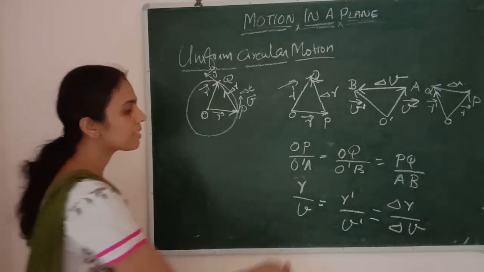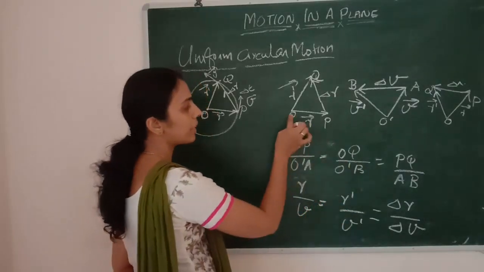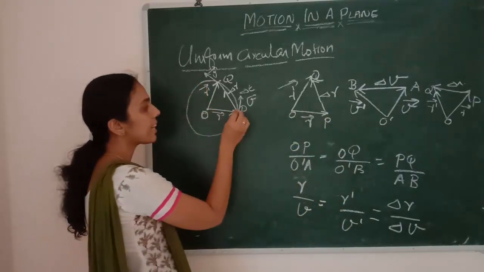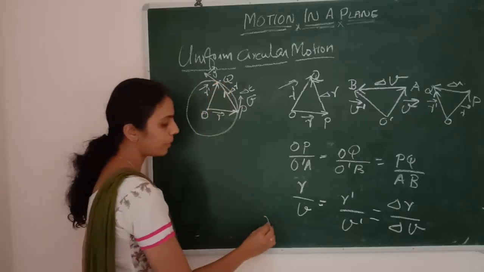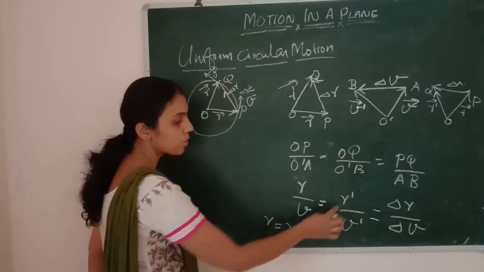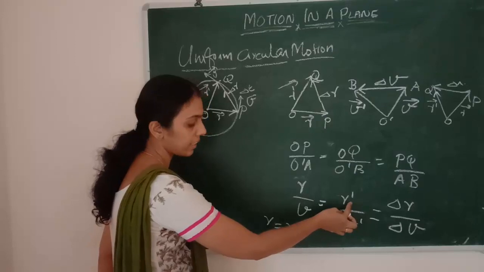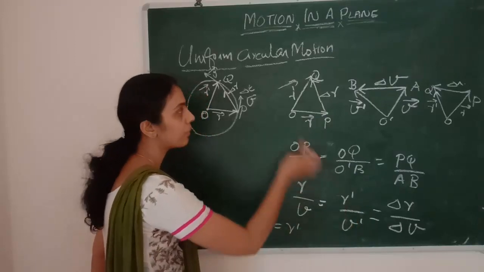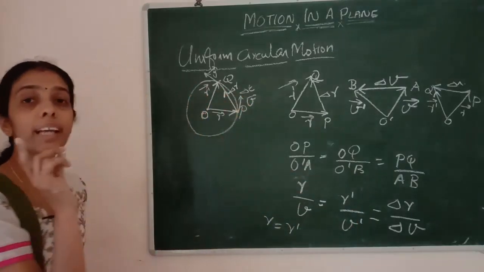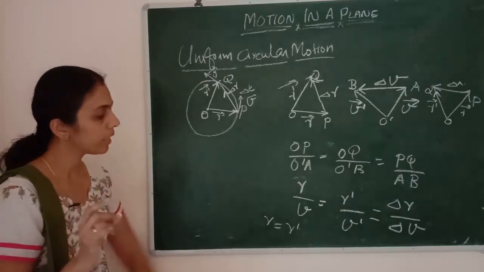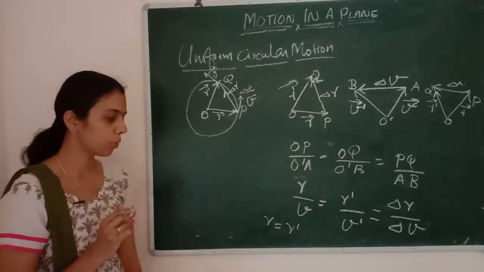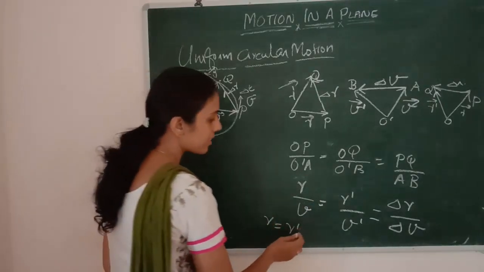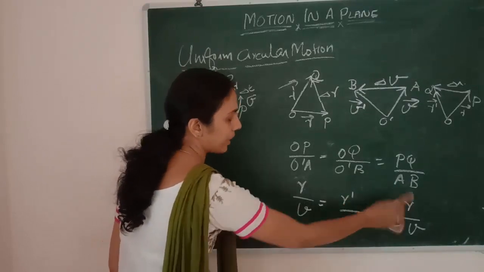Okay, R dash is inside the circle, so R will be equal to R dash, and V dash we can write as V. Only the direction will be changing, all others will be the same.